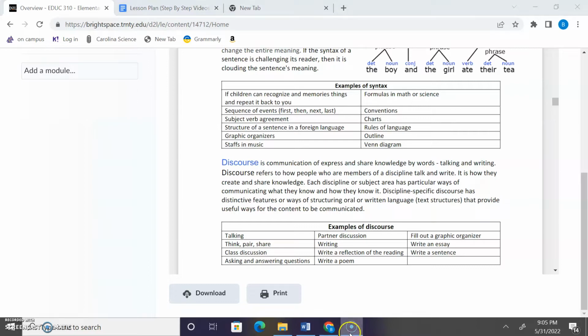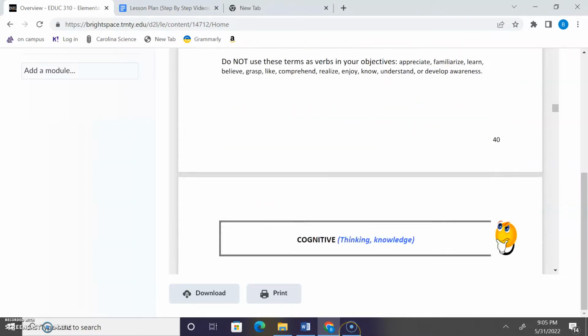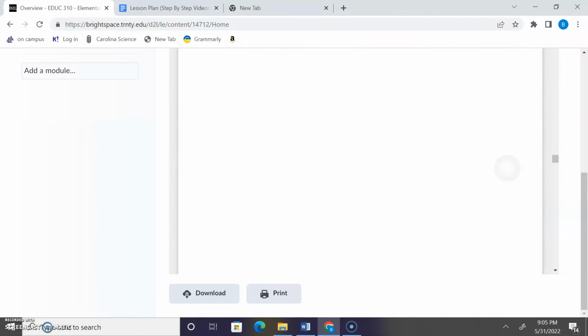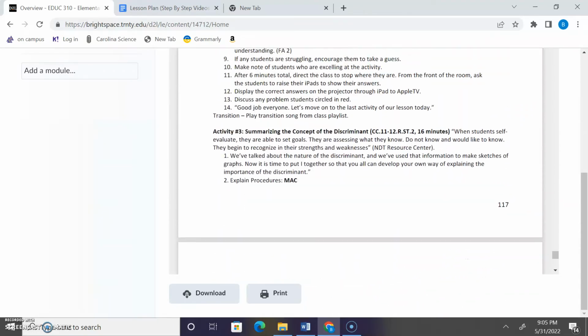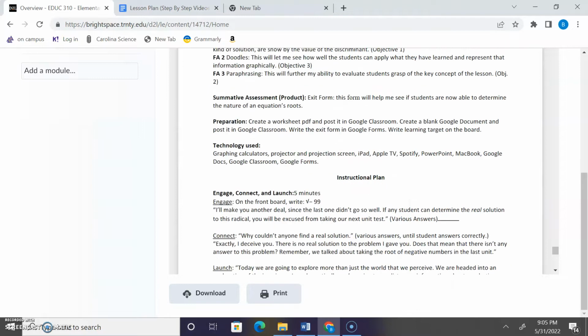So I'm going to look at the sample, right? And you can always go through this. I'm going to look at the sample first for syntax and discourse.